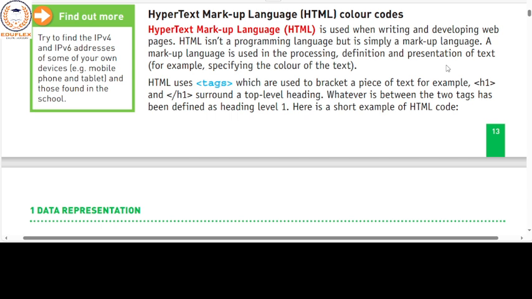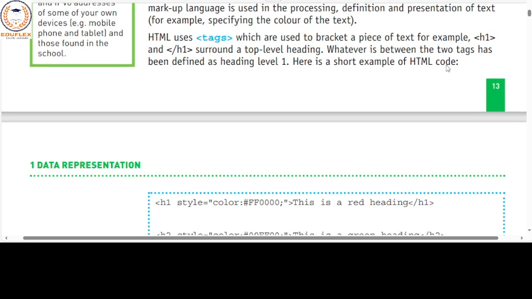A markup language is used for the processing, definition and presentation of text. As an example, specifying the color of the text. HTML uses tags, which bracket pieces of text. As an example, these are the opening one and the closing one.